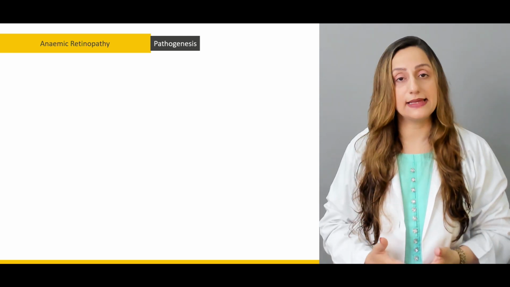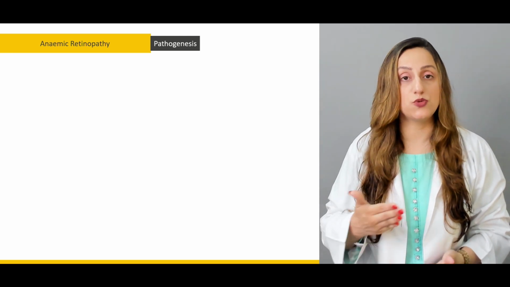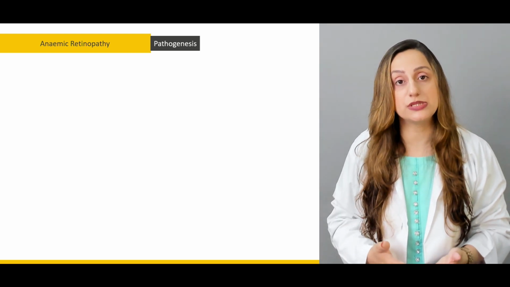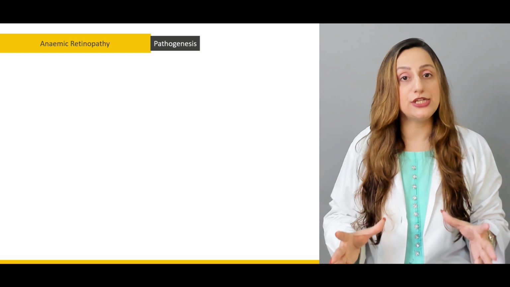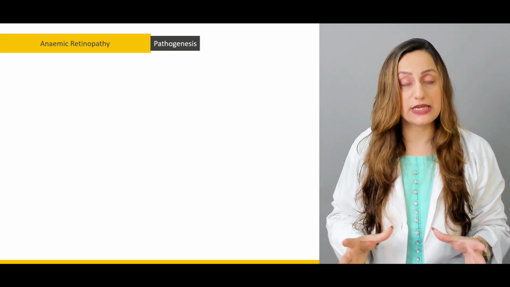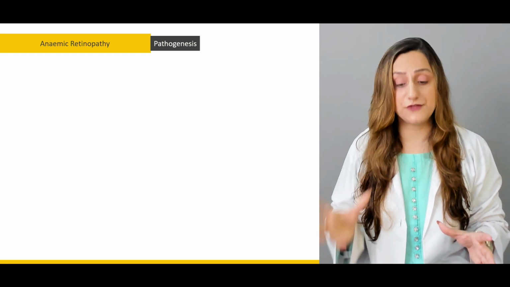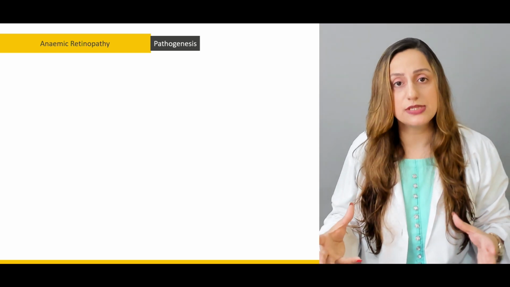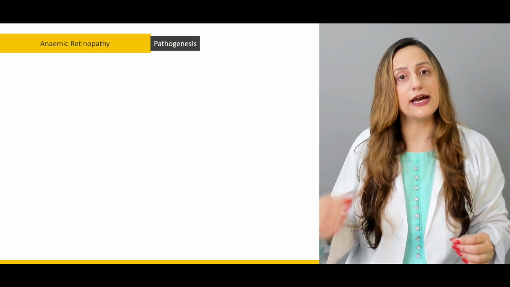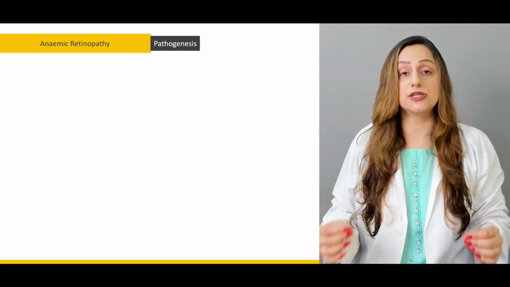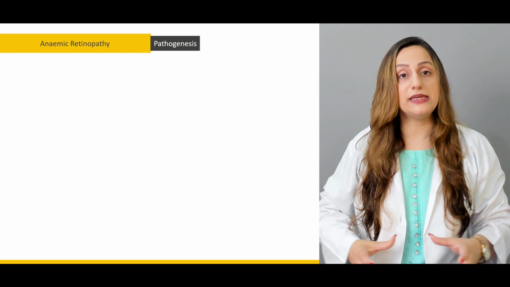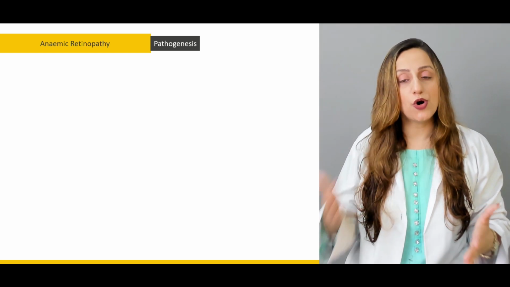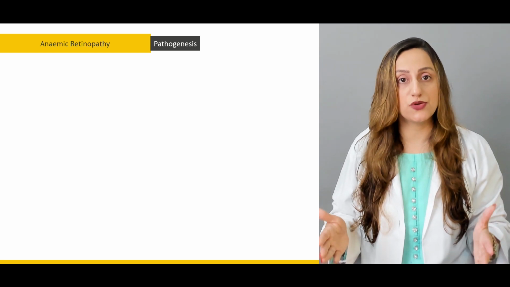The only thing that is going to matter in these individuals who have retinopathies related to the anemic conditions is the severity of the anemia. If the anemia is less than 50%, it is going to manifest as particular changes. And if it's less than 35%, then the patient is going to suffer from the consistent changes that we are going to summarize over here.